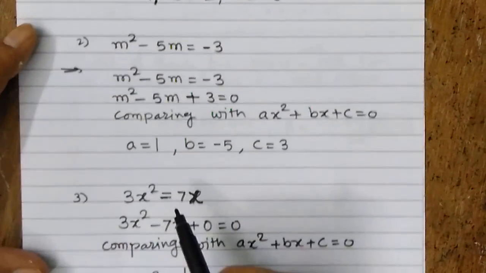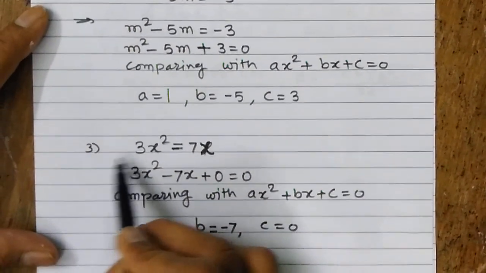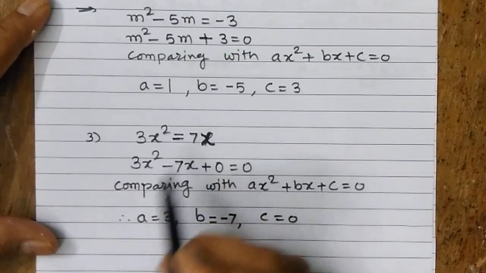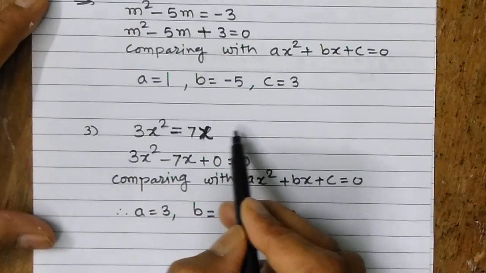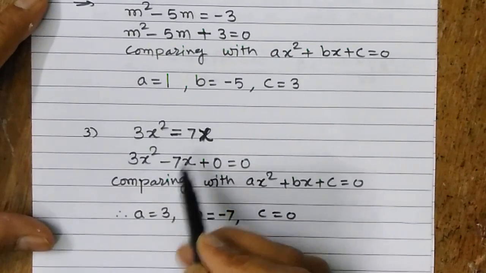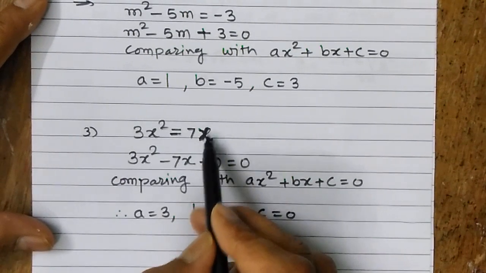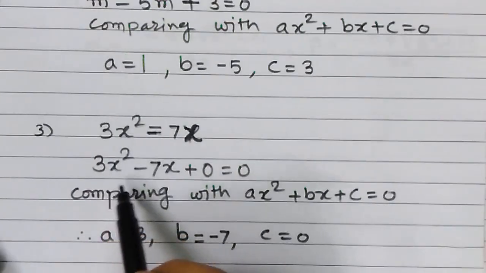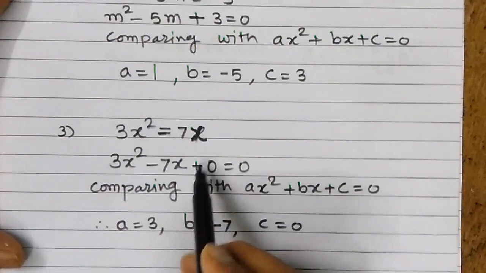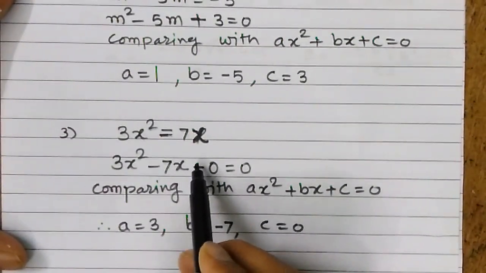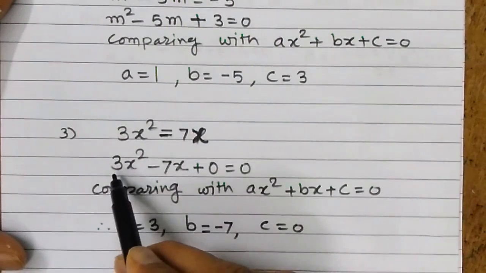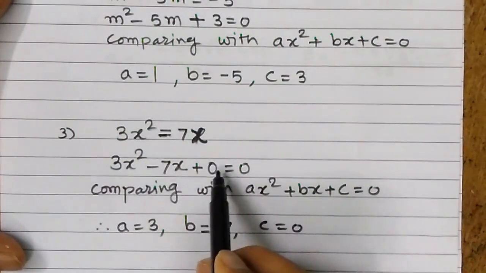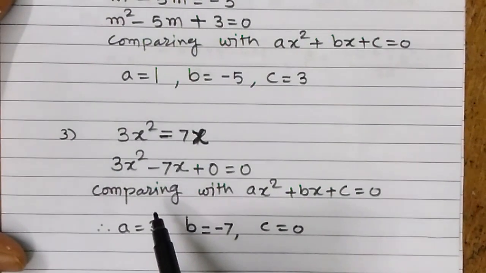Now the third example. 3x square is equal to 7x. The constant term is not given here. Transfer this 7x to the left side, it becomes negative. 3x square minus 7x, the constant term is absent, that's why I am writing it as 0: 3x square minus 7x plus 0 is equal to 0.